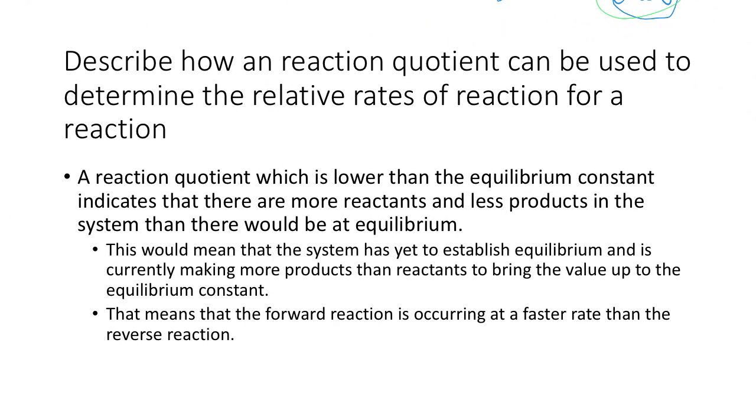A reaction quotient which is lower than the equilibrium constant indicates that there are more reactants and less products in this system than there would be at equilibrium.